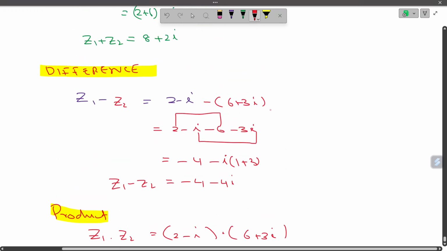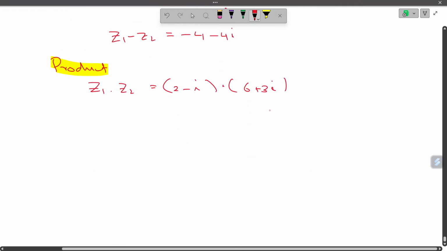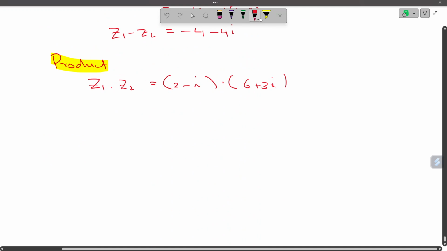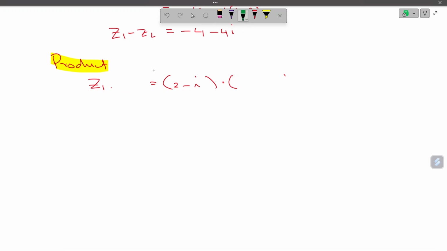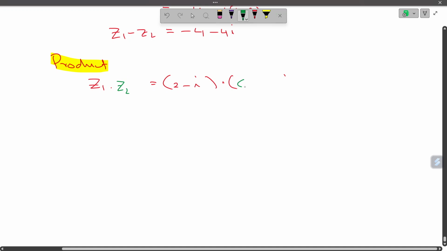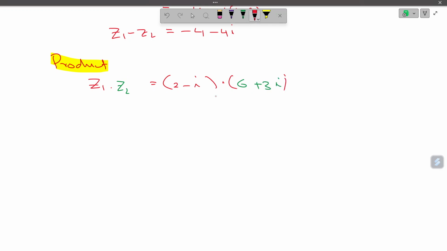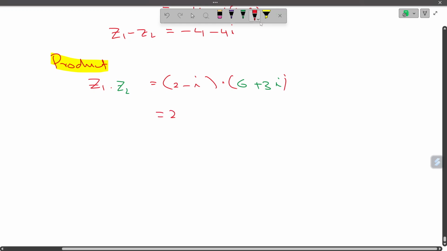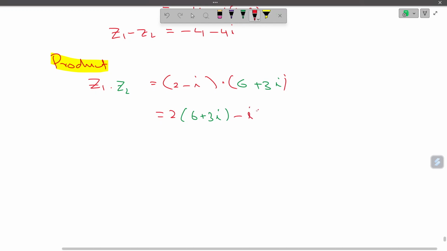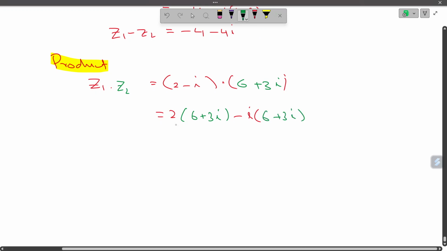So here, 2 will go with 6 plus 3i, and minus i will go with 6 plus 3i.